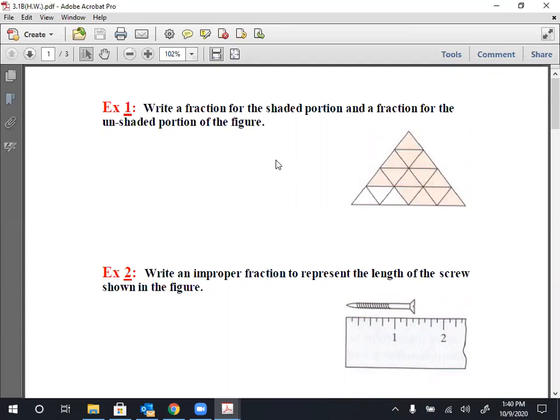So now, is the screw longer or smaller than 1 unit? Longer. Now, what I want you to do is count how many marks longer it is than 1. So it's 1 and how many marks? 1 in every line, every single line. At 1 and 3 marks. That's right. It's 1 and 3 lines. And now, how many lines did you count?